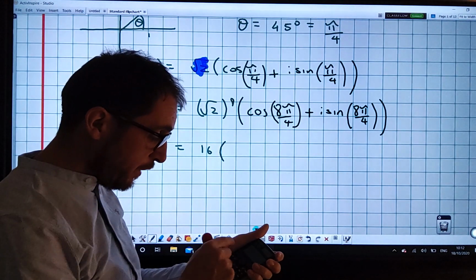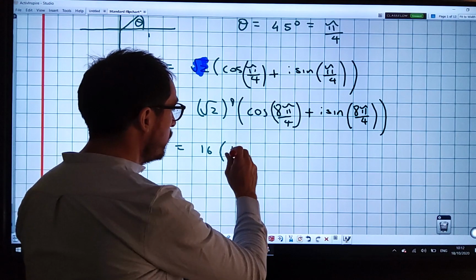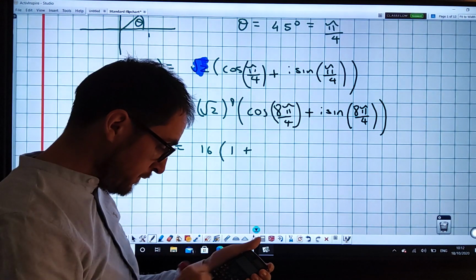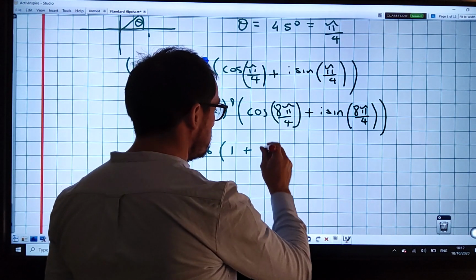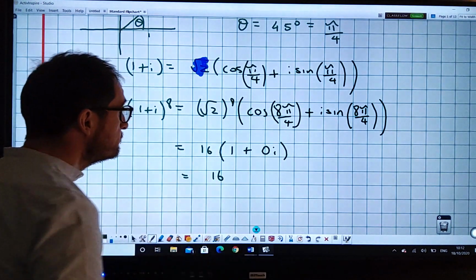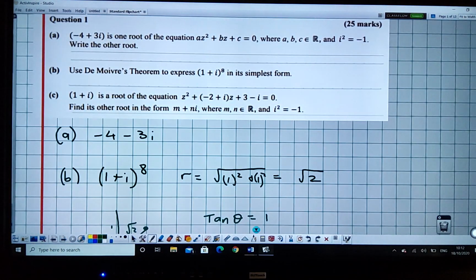Make sure your calculator is in radian mode, that's a key trick. So 1 plus i sine 2 pi, and sine 2 pi is equal to 0. So that's in effect equal to 16. In its simplest terms, 1 plus i to the power of 8 is equal to 16.